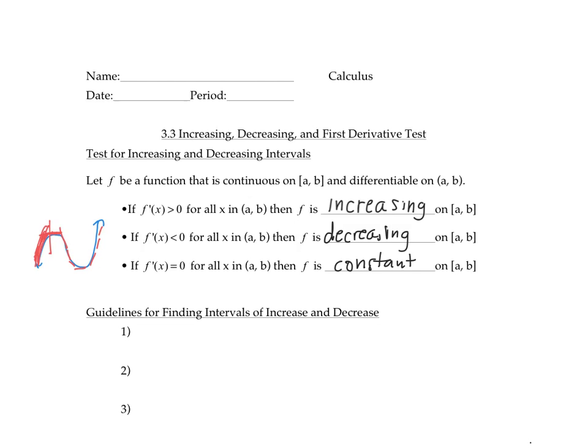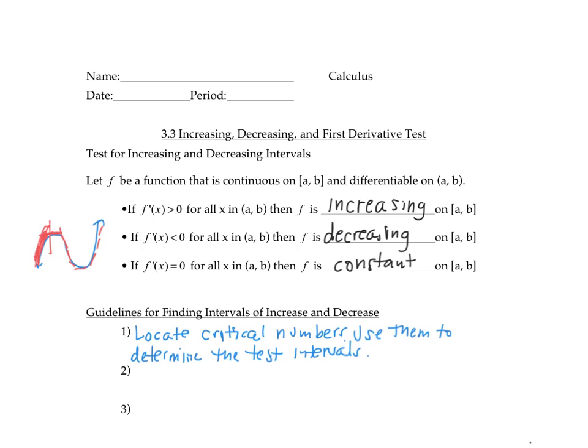So here are some guidelines for you. The first thing that you want to do is locate the critical numbers. We're going to use them to determine the test intervals. Next, you're going to determine the sign of the first derivative at one value in each test interval.